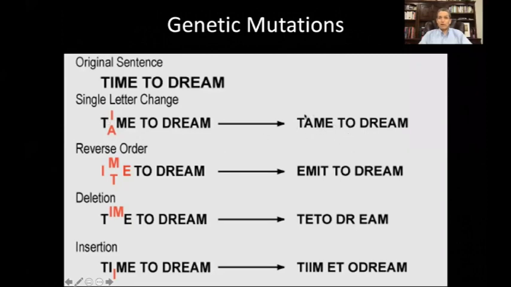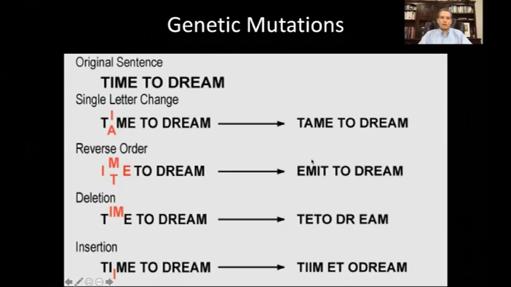So it might make sense, sort of, time to dream means that it's time right now. Tame to dream would mean, okay, well, you have to get something under control before you get a dream, I guess. You can reverse the order. So instead of time to dream, you can do E-M-I-T, emit to dream.